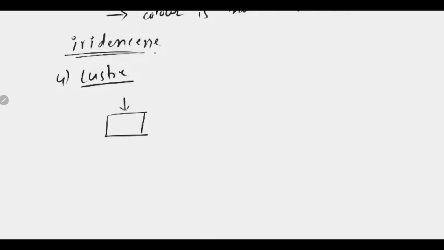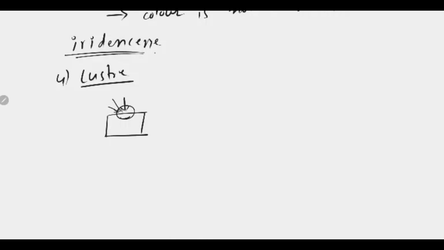By seeing that part, we can guess the mineral name. It depends upon the amount of reflection at the surface. How much reflection is done at the surface, the luster will depend.